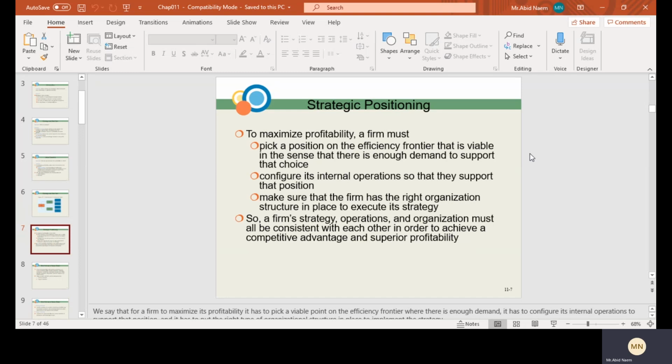That will be the effectiveness of your policies. Then configure its internal operations so that they support that particular position you have developed for international businesses, and make sure that the firm has the right organizational structure in place to execute that strategy. So the firm's strategy, operations, and organization must all be consistent with each other in order to achieve a competitive advantage and superior profitability.